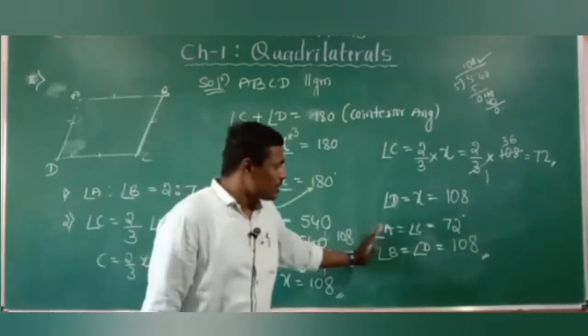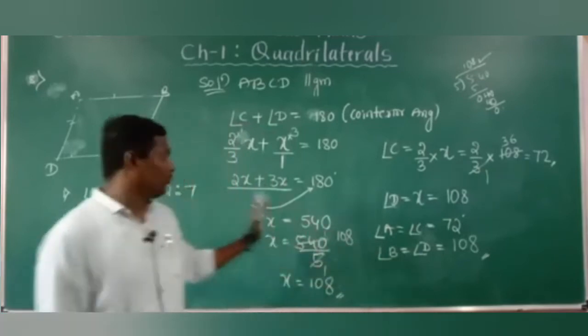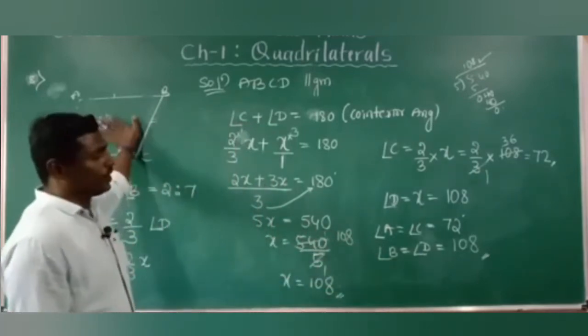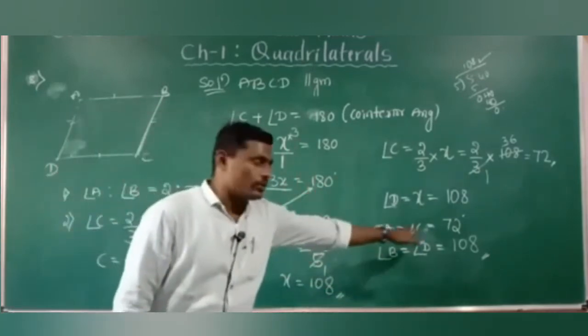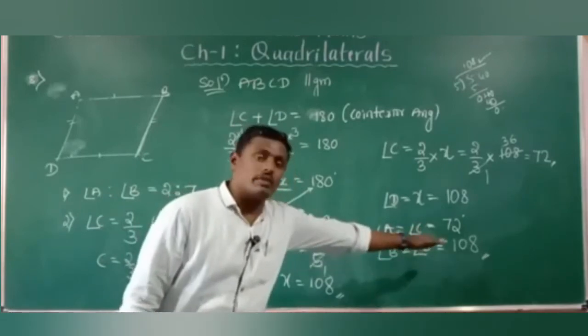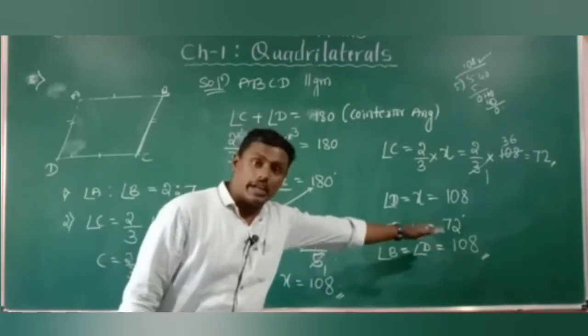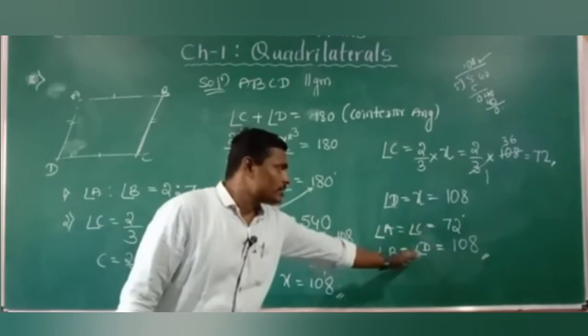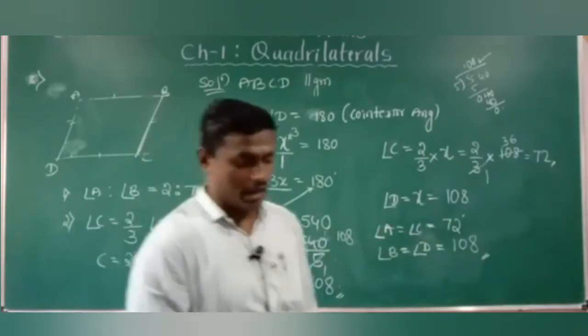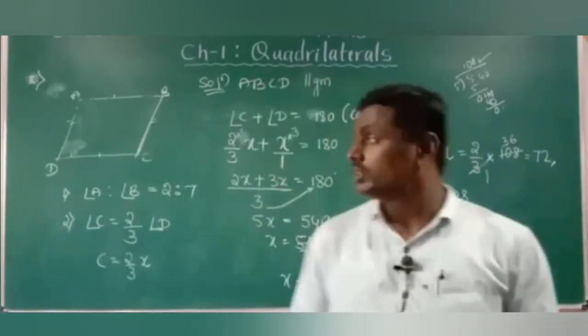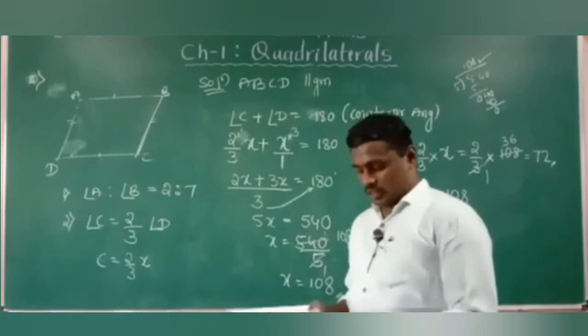So these are the four angles of the parallelogram ABCD. Angle A is equal to 72, angle B is equal to 108, angle C is again 72, angle D is equal to 108. Okay, so these are the two sub questions of 8th main.